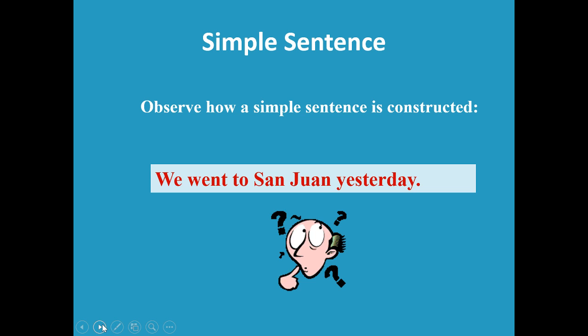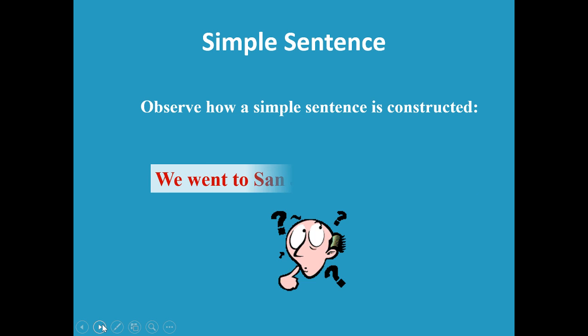In this sentence, went is the action, San Juan is where they went, we is the subject, and went is the action verb, which means predicate.